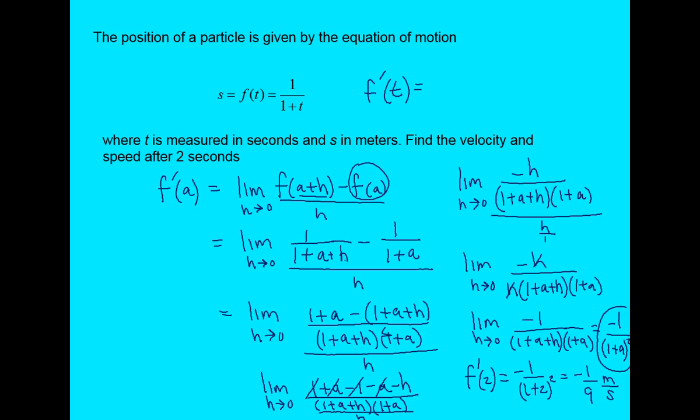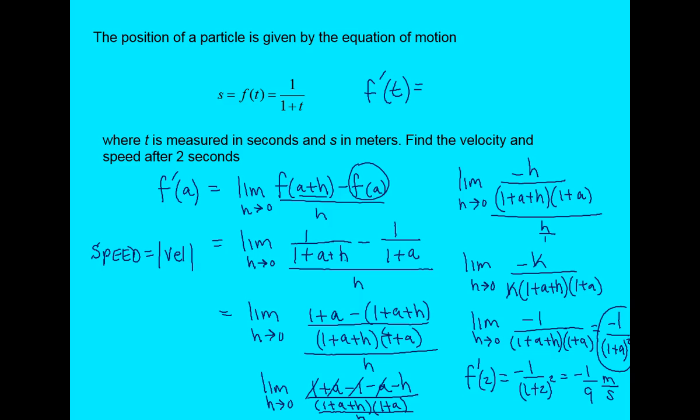Now, velocity, we know, has an associated sign with it. It can be positive or negative. That indicates the direction. The relationship between speed and velocity is speed equals the absolute value of your velocity.